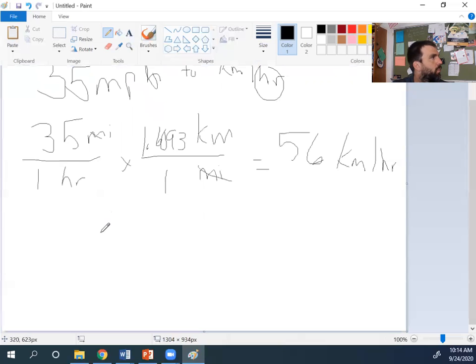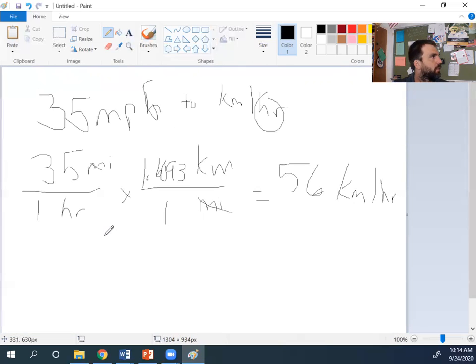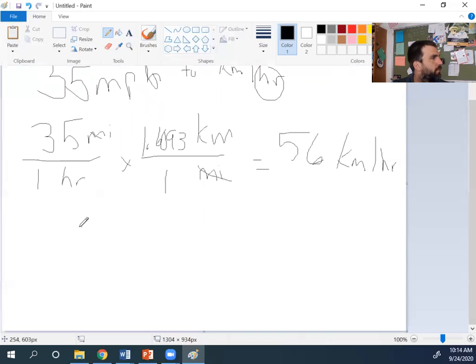Now let's do one more like this, but do it a little bit different. Let's convert 70.0 miles per hour to kilometers per minute.